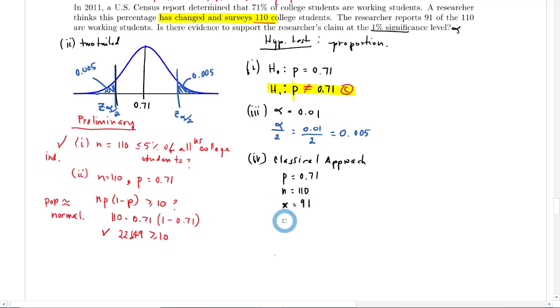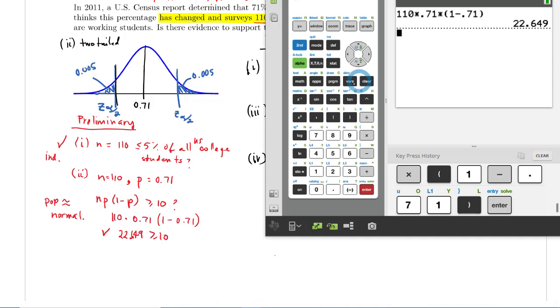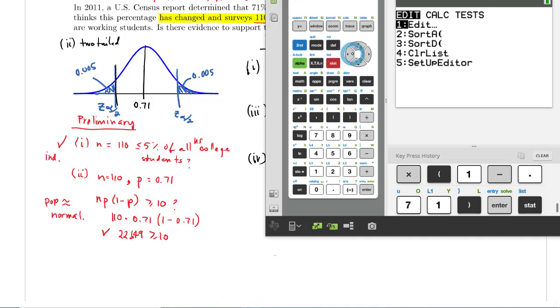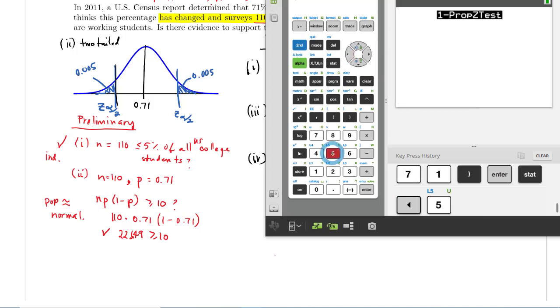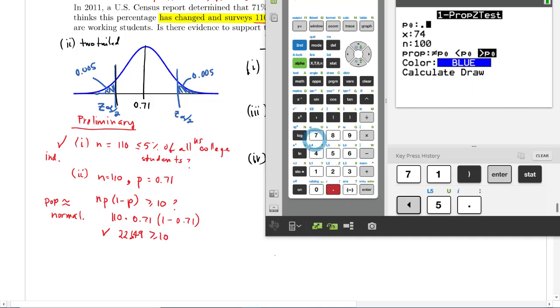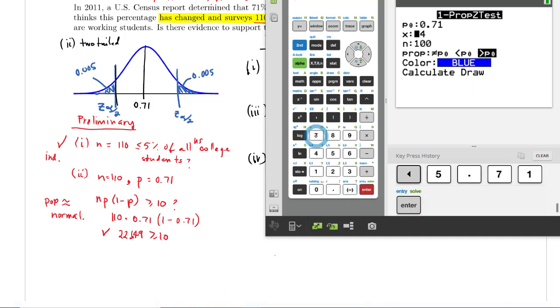Okay, let's go to the calculator. Because it's a proportion, we'll go to stat and test, and we have to go down to the one-prop z test, which is number 5. What they want is that population parameter, 0.71. They want the number of students who are working, 91 out of 110. We had a two-tailed test, so highlight the not equals, hit enter, and then calculate.